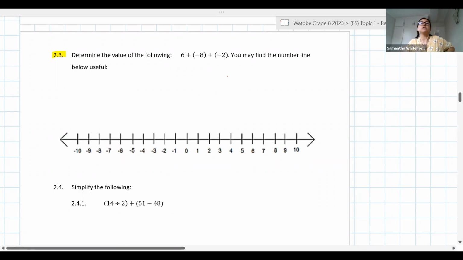So just so that we all know how these lessons run, what we do within Watobe is we follow the CAPS document, or the assessment plan set out by the government. If you join the class 5 minutes early and have questions from class that you don't understand, I'm more than happy to help you then.